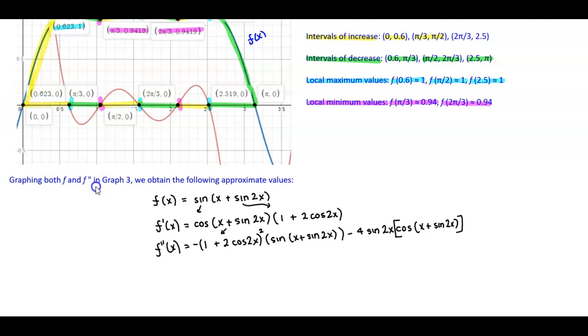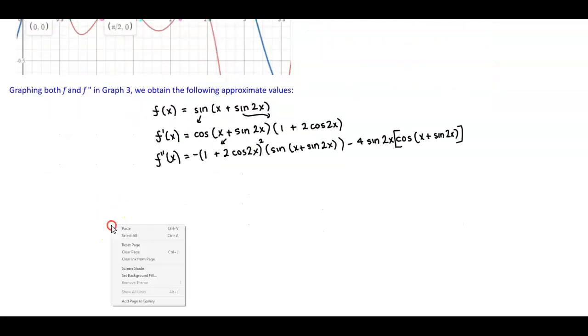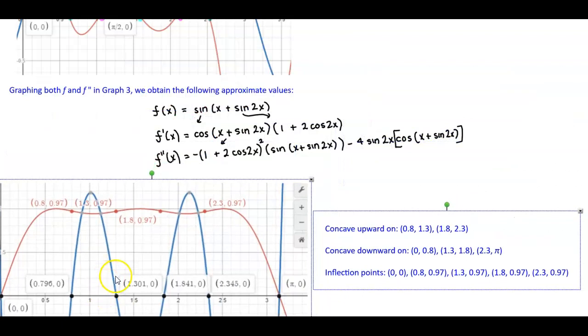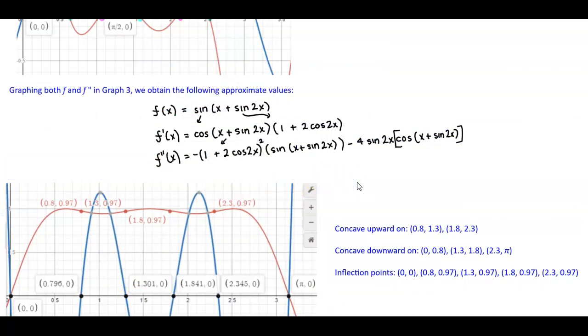Now we want to be able to graph the function and the second derivative in the same graph. Okay, so here we have our graph with our function and our second derivative. So let's go ahead and label that.